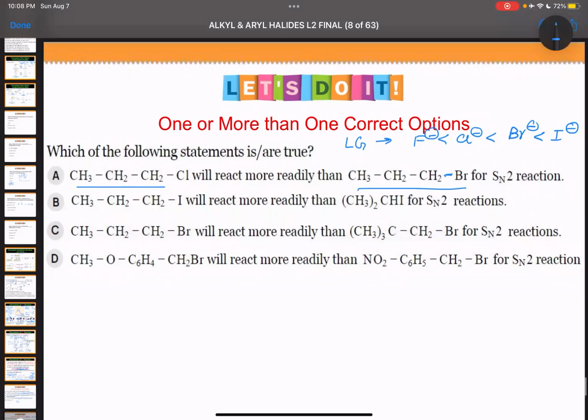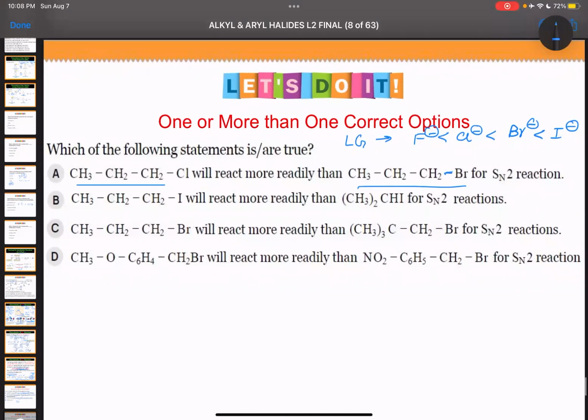And you can also note down: weak bases are good leaving groups. Okay, suppose if there is a confusion, you can just note it down. Weak bases are good leaving groups everywhere in all of organic chemistry.